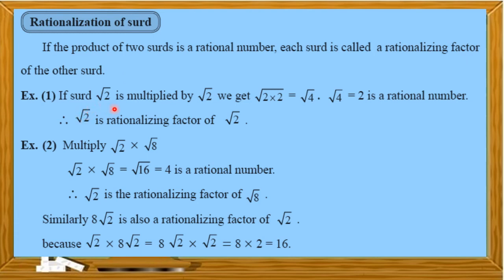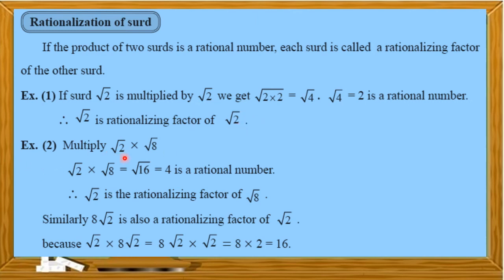If surd root 2 is multiplied by root 2, we get root 2 into 2 is equal to root 4, and root 4 is equal to 2, which is a rational number. Therefore, root 2 is a rationalizing factor of root 2. Because when you multiply this root 2 by this root 2, you get 2, which is the rational number. Therefore, these are the rationalizing factors of each other.